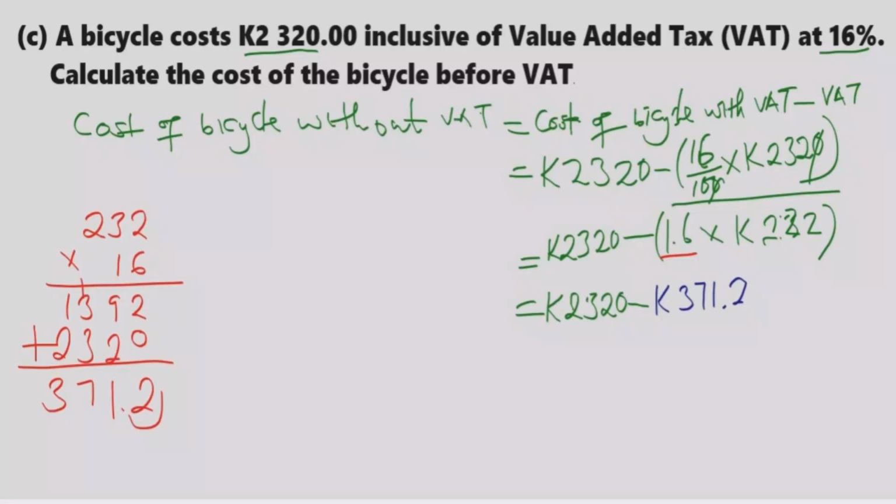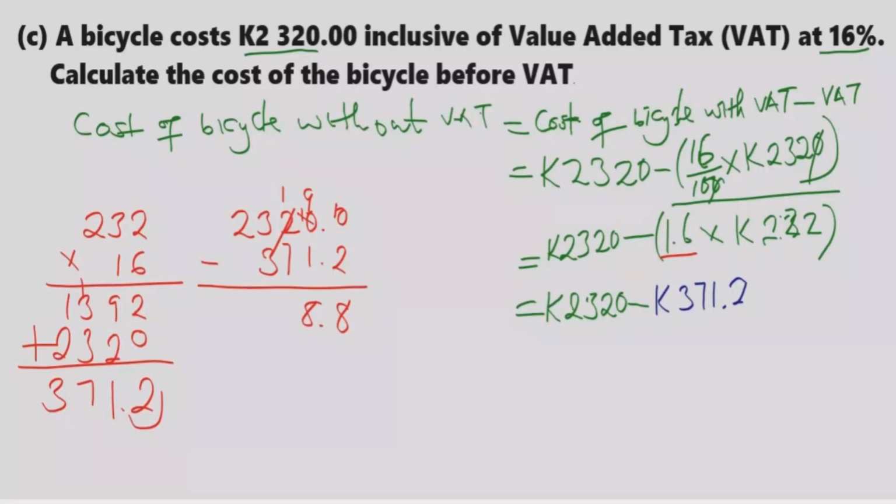So what we can do is we can come here again. We say 2320 minus 371.2. We find the difference. So here we're going to have 0.0. So what we do, we borrow 1 from this 2, we remain with 1 here, and when it comes here it is 10, then we borrow 1, it is 9, then here it's 10. So 10 minus 2 will give us 8, 9 minus 1 will give us 8, so we put a point here.